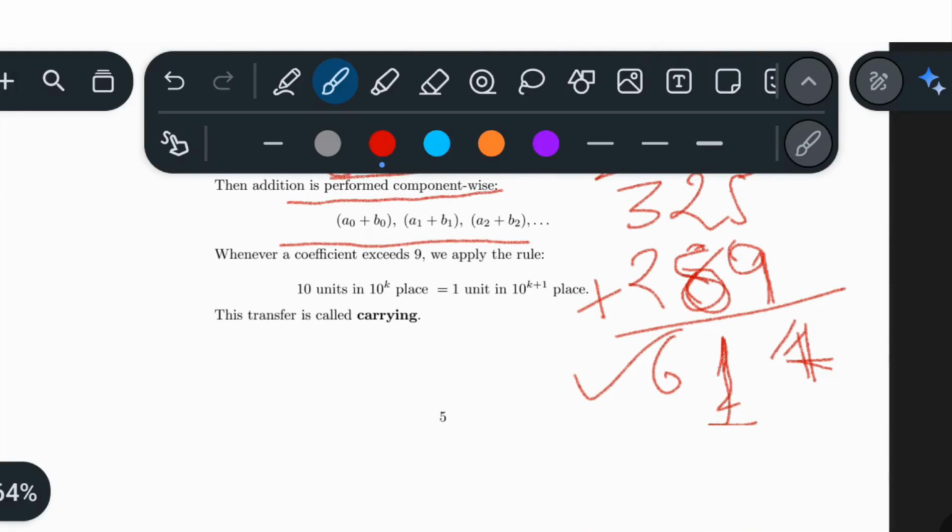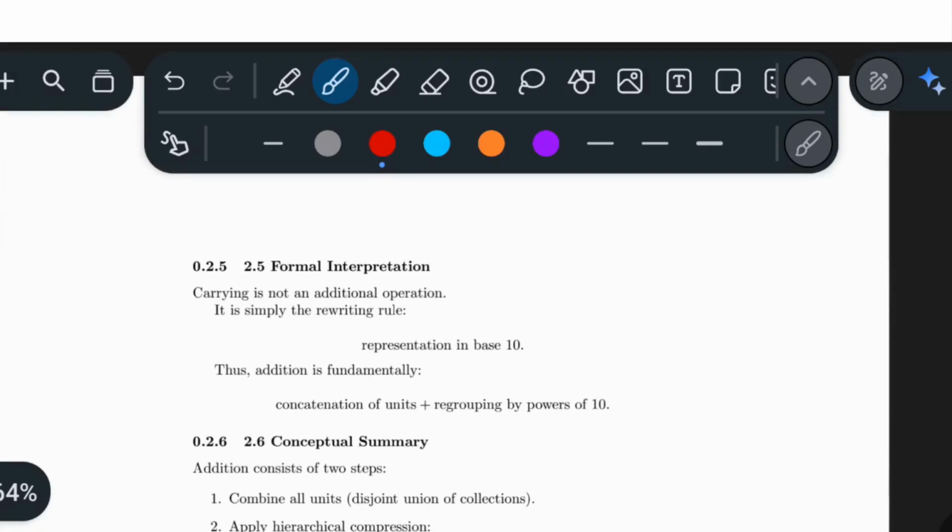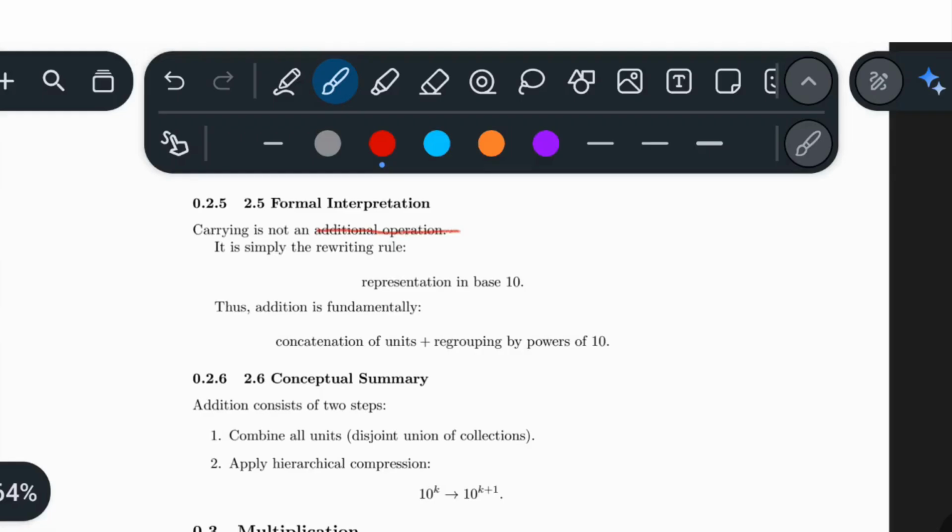When we get extra units in a place, we just carry them to the next one. So carrying is not an additional operation. Yeah, it is true, because addition is simply to know what the total is.